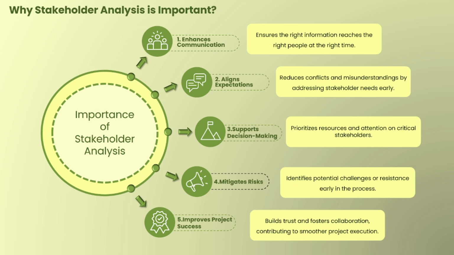It helps businesses understand who matters most, what they care about, and how to keep everyone happy. By doing this, the project runs smoother, risks are lowered, and the chances of success go way up. So this is the importance of stakeholder analysis. Now let's move to the next.